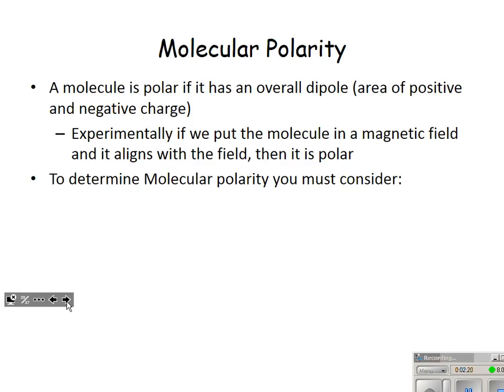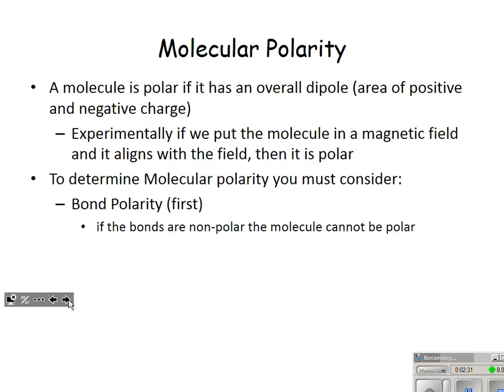If those are not shifting, the molecule cannot be polar. So the first thing you always want to consider is the bond polarity. If the bonds are nonpolar, if there is no electron density shift, then the molecule cannot be polar. And then the other thing that you need to consider is the geometry of the molecule.